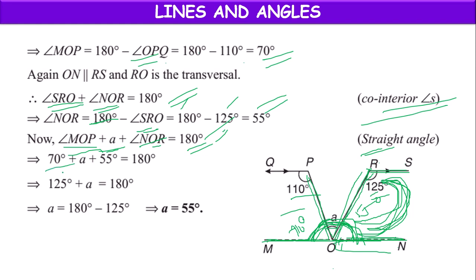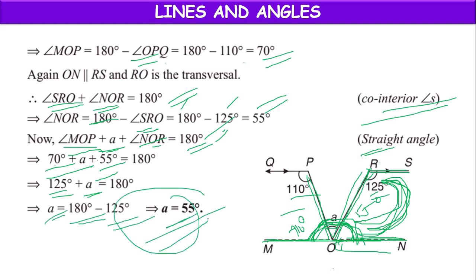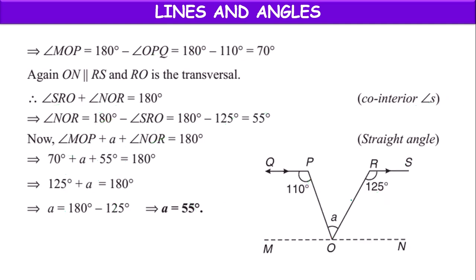MOP is 70 degrees, NOR is 55 degrees, 70 plus 55 is 125, plus A. So A will be 180 minus 125, which is equal to 55 degrees. In this way, we can find the value of A.